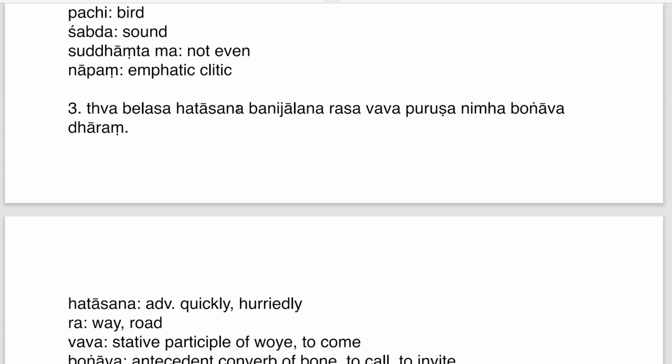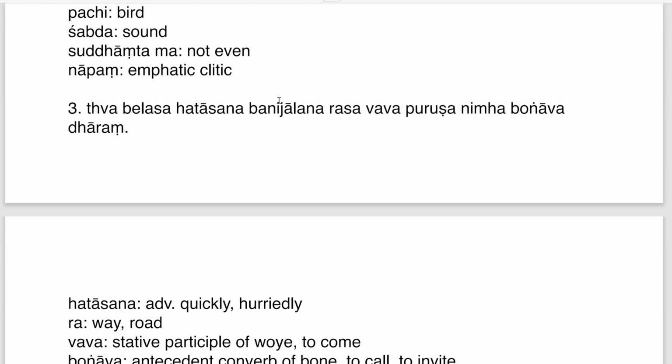If it were came quickly on the road, then it would be banijara rasamal. And also if we want this to modify banijana, then we have to place it before the banijana.